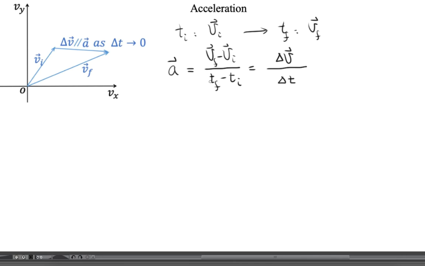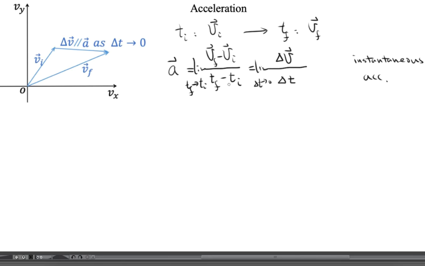Now, because we're interested in the instantaneous acceleration, let's take a limit of this ratio here. Let's say we have the limit of the final time approaching the initial time, and also the limit of delta t approaches 0.